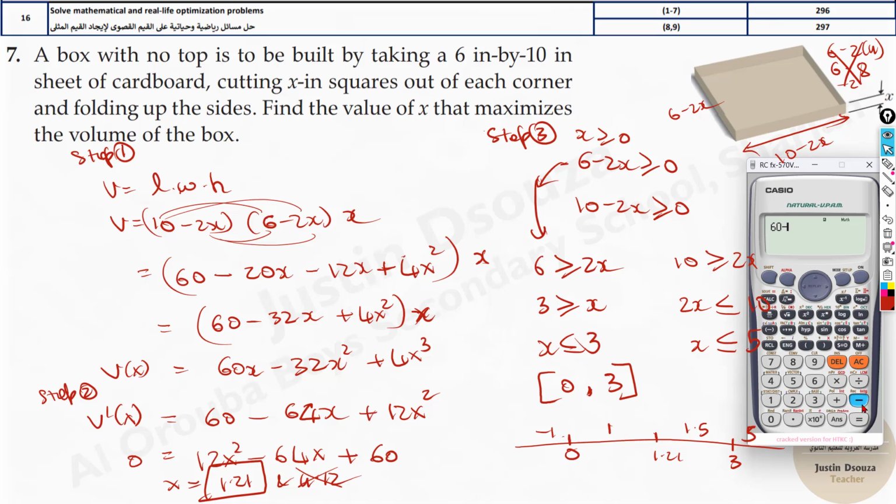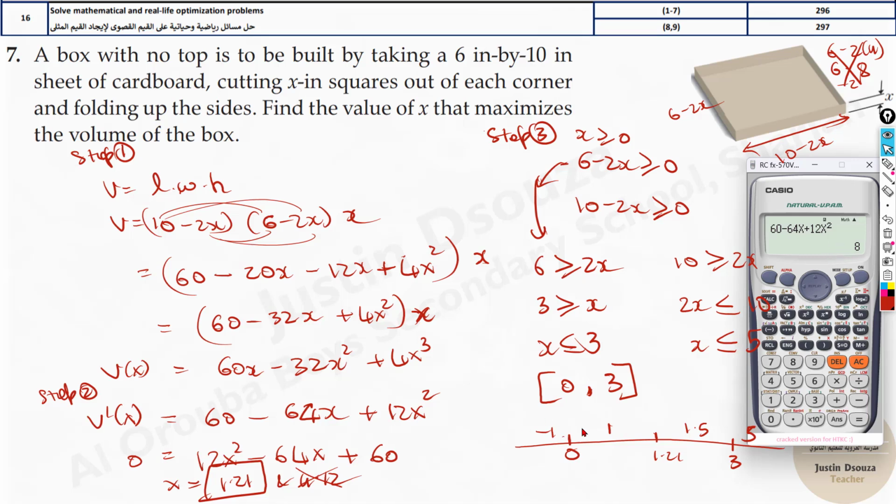Say 60 minus 64 alpha x plus 12 alpha x squared. Write that as it is. Now I've written y over here, sorry for that. It is alpha x. Now what you do is just calc at this value -1. What is the answer? Positive. Now again calc at 1.